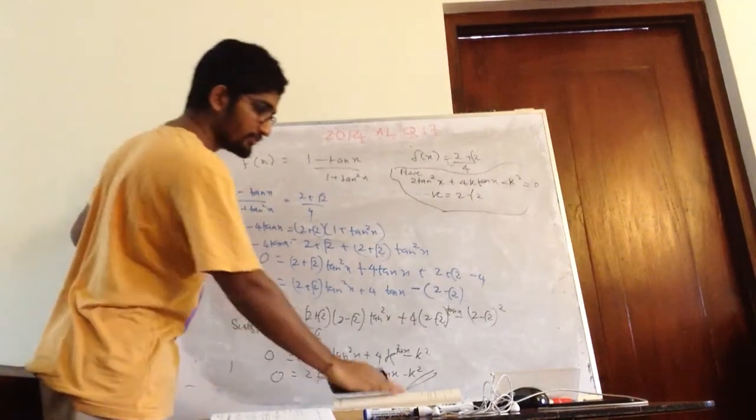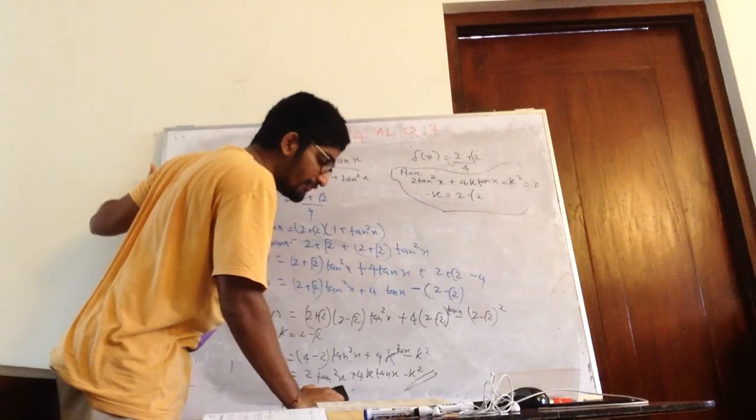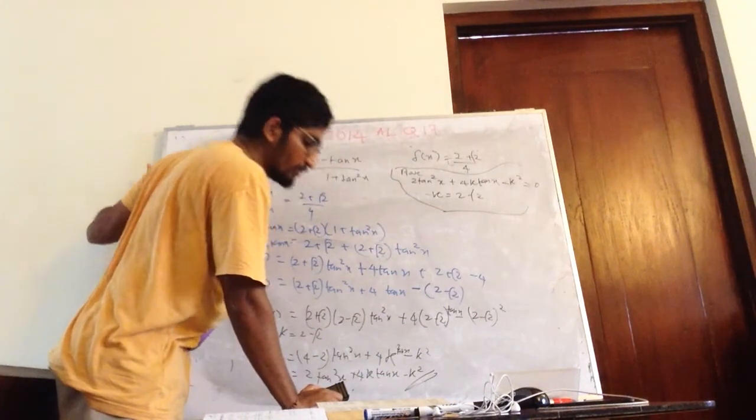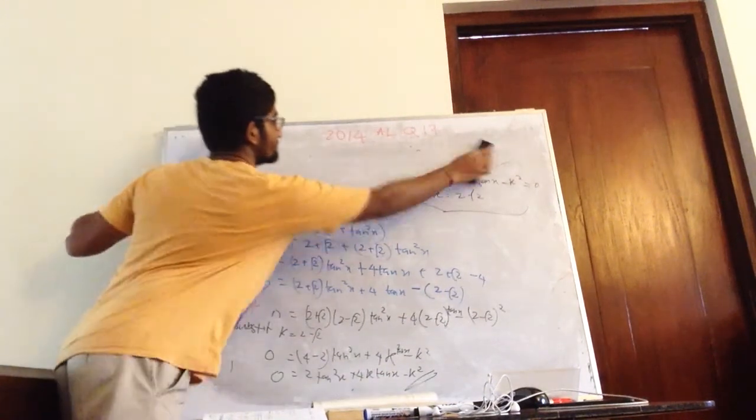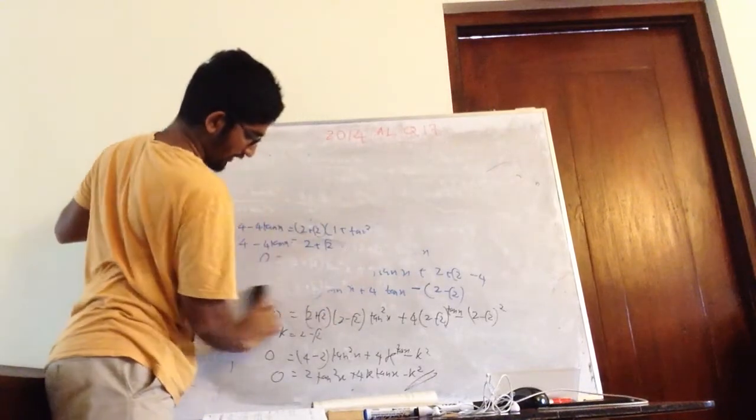So right, what's the next one? The next one is we are asked to find tan 5π over 24. So now I have got this.